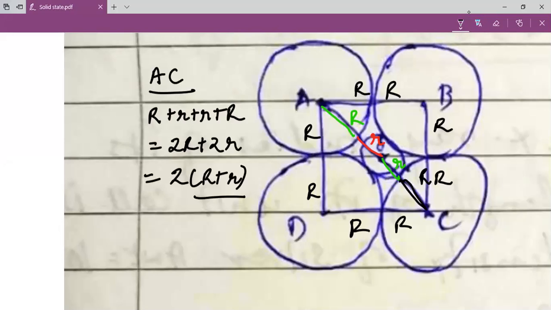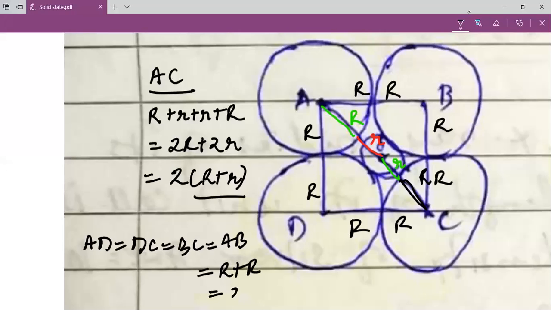Now if you think the distance AD is equal to DC is equal to BC is equal to AB is equal to R plus R, that is your 2R. Please remember these values.